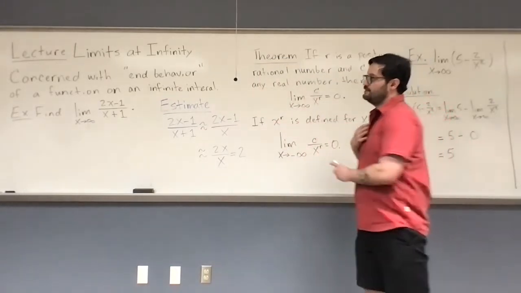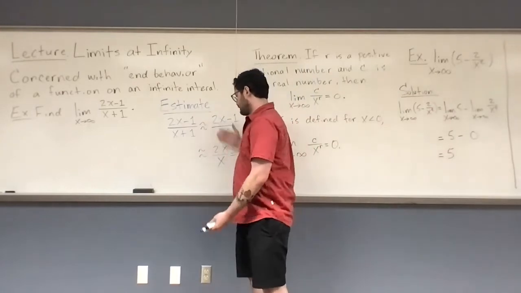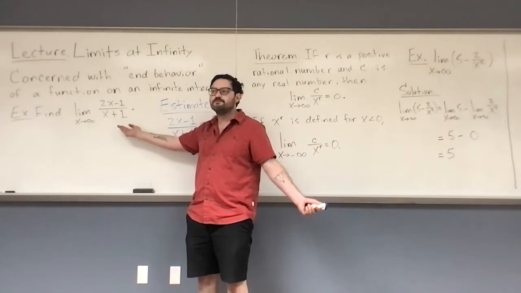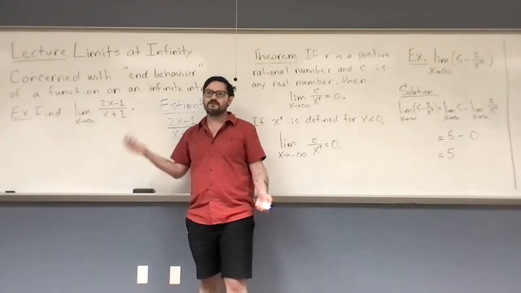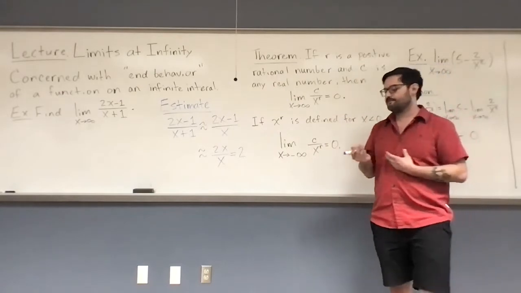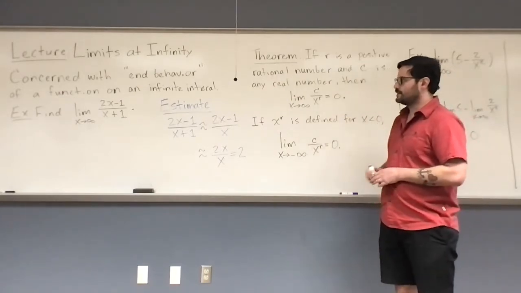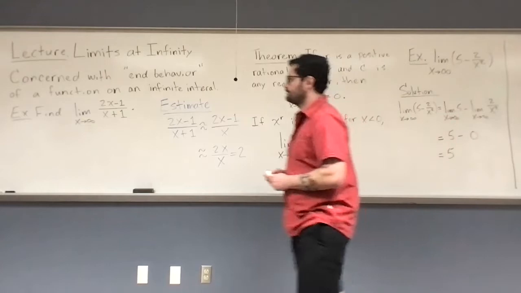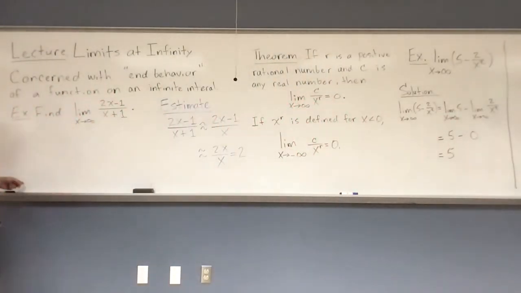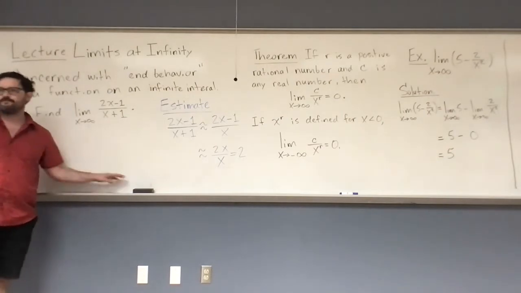So to me, now that I've done this little bit of estimation, I'm like, oh, this thing surely should be around 2 when x is really big, right? So I have an idea ahead of time. Okay, so what does the solution look like? I'm not going to have enough room here because I have to introduce a new technique.